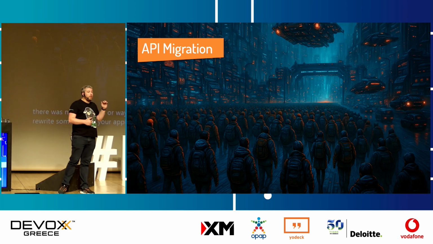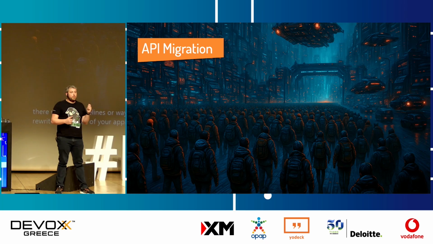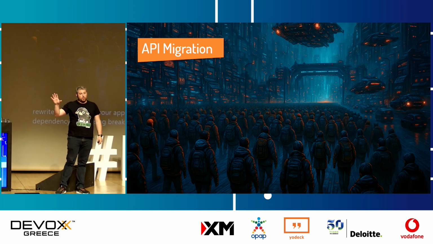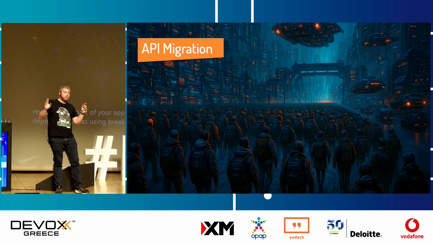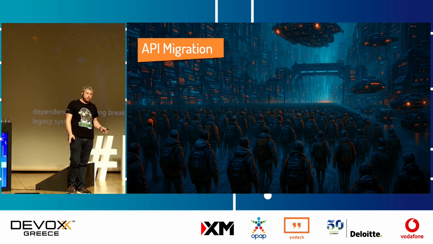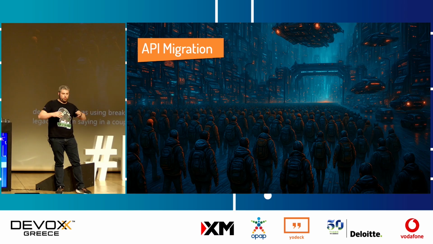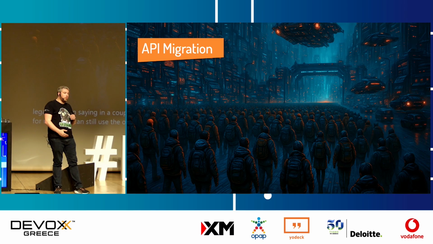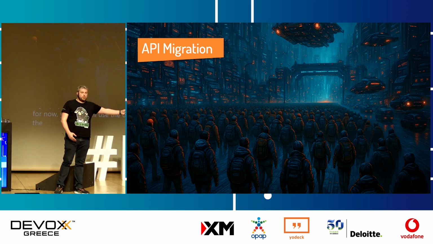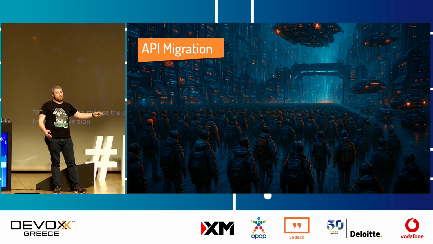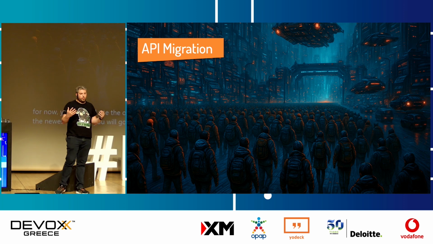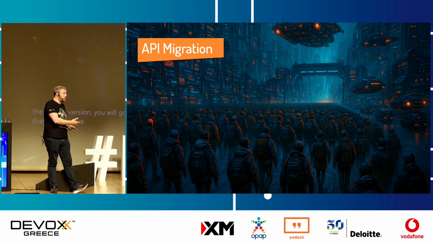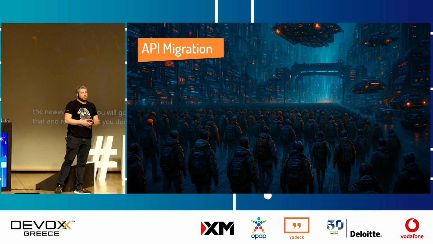In my case, I was lucky, because the dependency I was using broke the API, but kept the old one as a legacy system, saying in a couple of versions we will delete that, but for now you can still use the old one. If your goal is just to migrate and go to the newest version, you will go to the newest version and then try to clean up and remove what you don't need and use the new API. But those API migrations can be a pain.